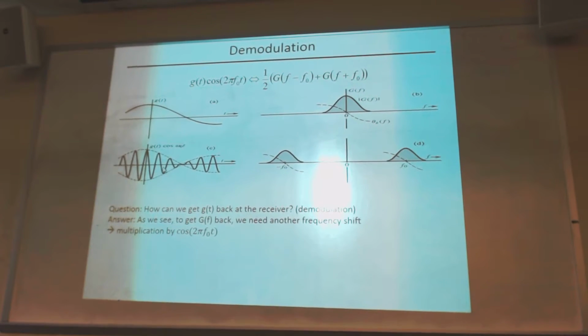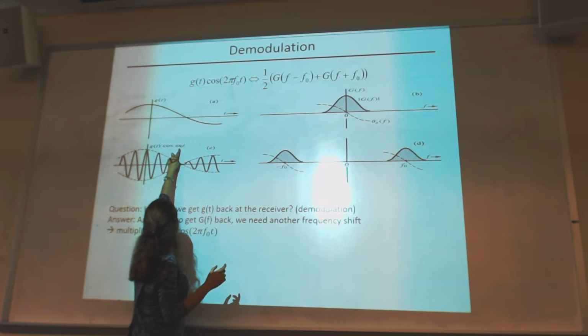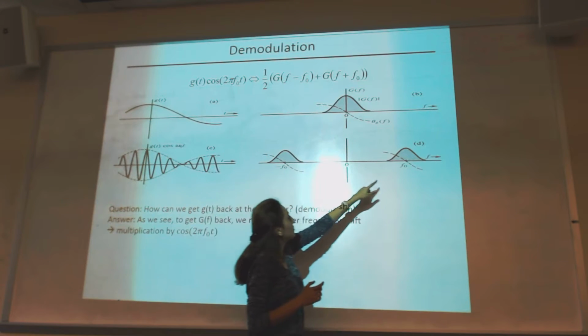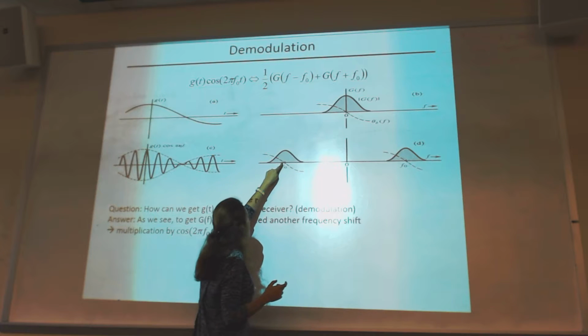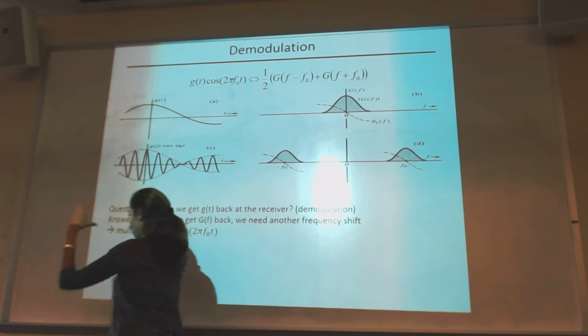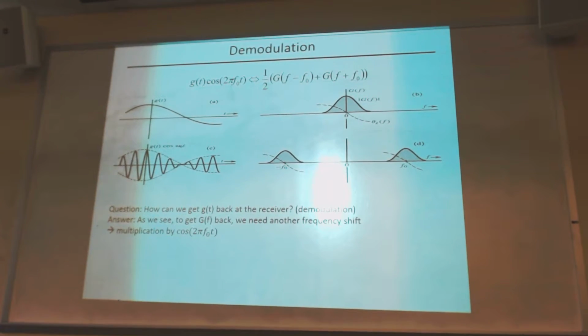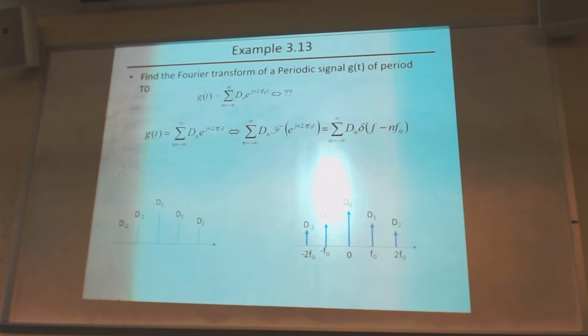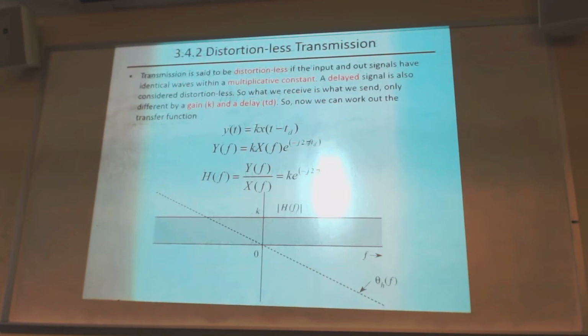After the modulation or multiplication by cosine, you're going to have two replications of that, depending on the carrier frequency. If the frequency is f naught, one goes to f naught, one goes to negative f naught, and then divided by 2. So this is what we call amplitude modulation.